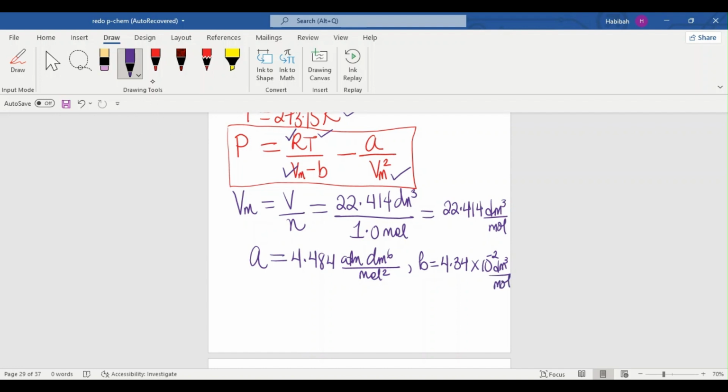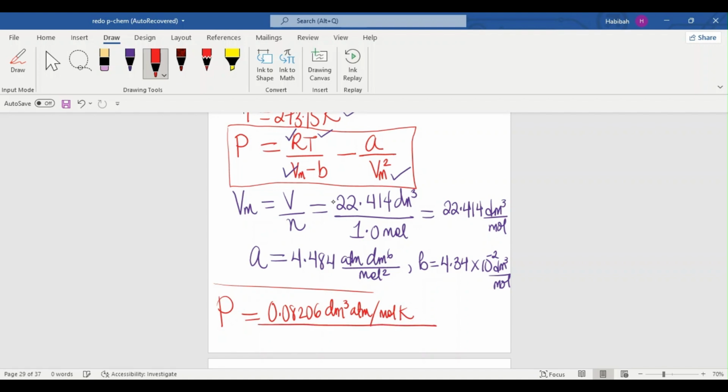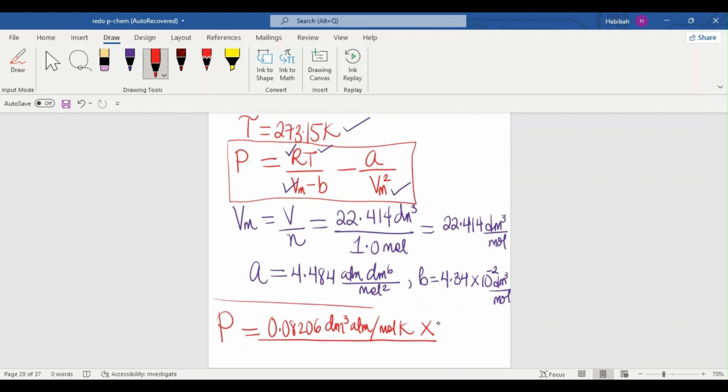So now we've been able to successfully determine all the parameters that we need to solve this question. We can simply substitute. So pressure is now going to equal RT, which is 0.08206 dm cube atmosphere per mole Kelvin, times the value for temperature, which is 273.15 Kelvin.